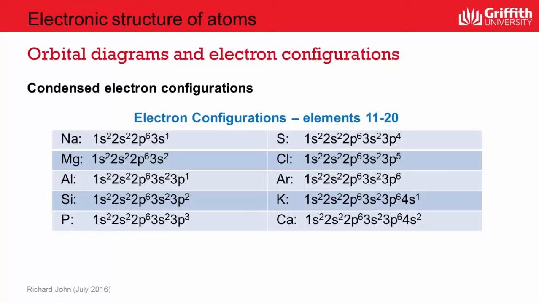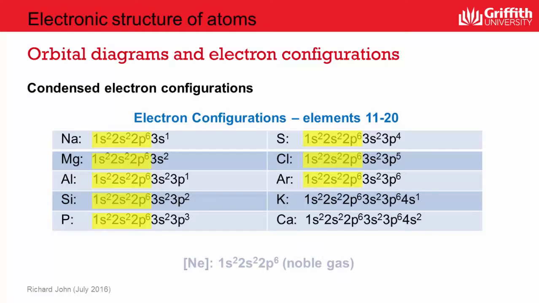So what we've got here are the electron configurations just for elements 11 through to 20. You can see that even when we get to element 20, let alone element 83 like bismuth is, the electron configuration is actually quite lengthy. What we can look at in all of these electron configurations is the fact that they all share this common beginning, 1s2, 2s2, 2p6, and that is actually the electron configuration for the noble gas neon.